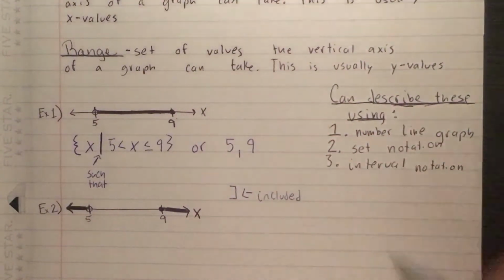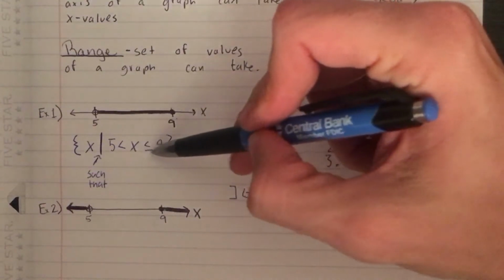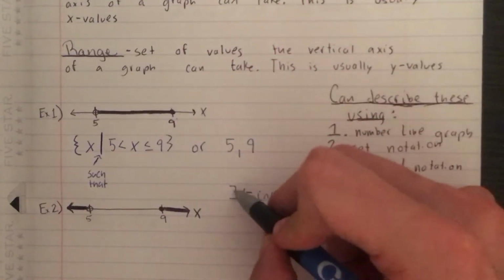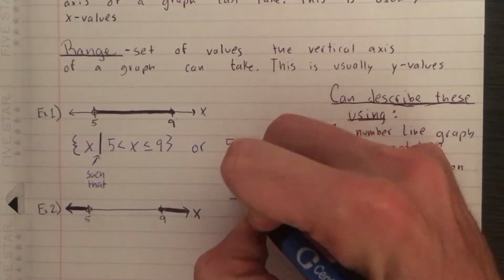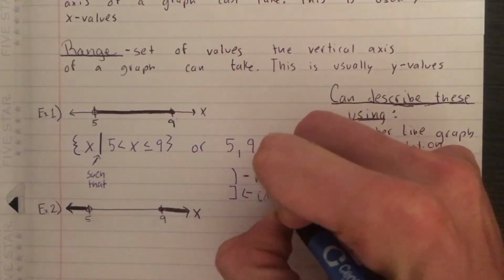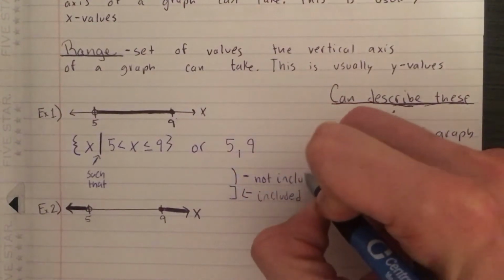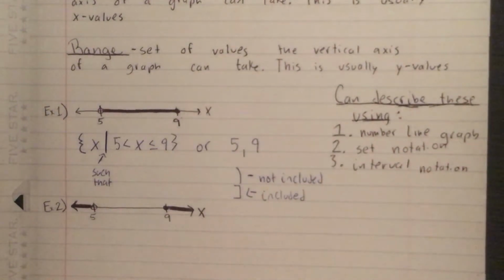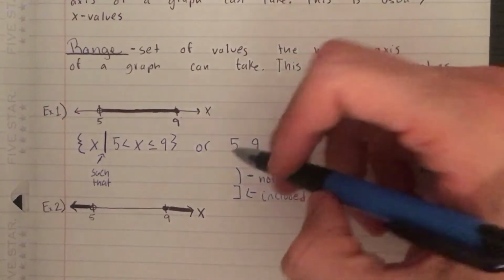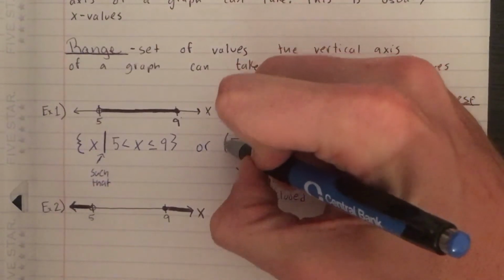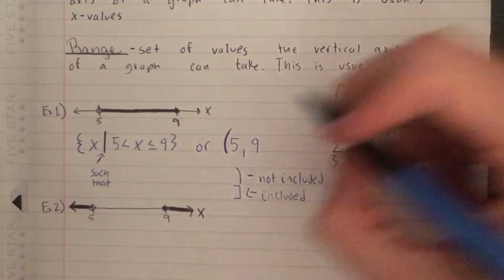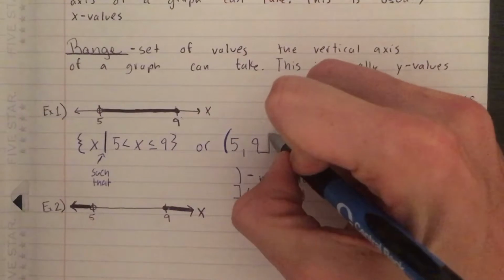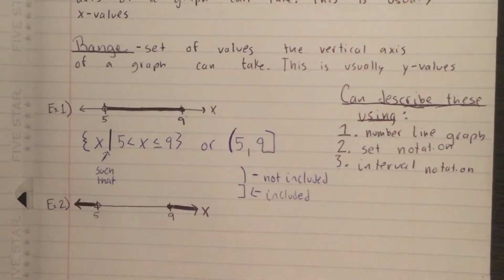So if it's a closed dot, if it's equal to, then you're going to get a bracket, and you're going to use a parenthesis if it is not included. That is the accepted math notation that we use here. So we're going to say, okay, well, 5 is not included here. It's going to get a parenthesis. 9 is included here. It's going to get a bracket.